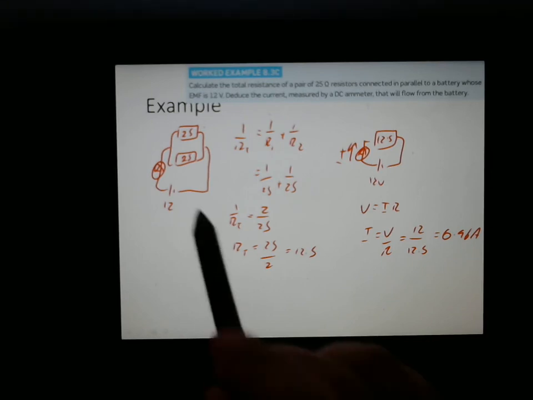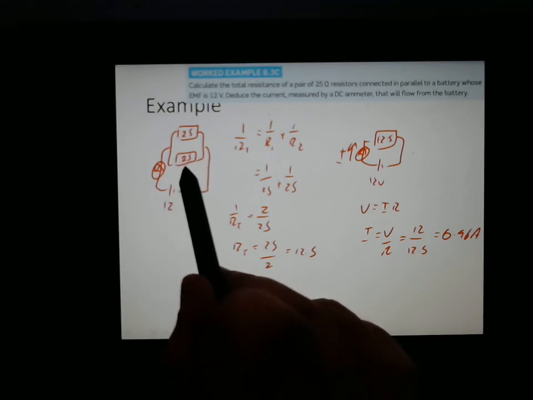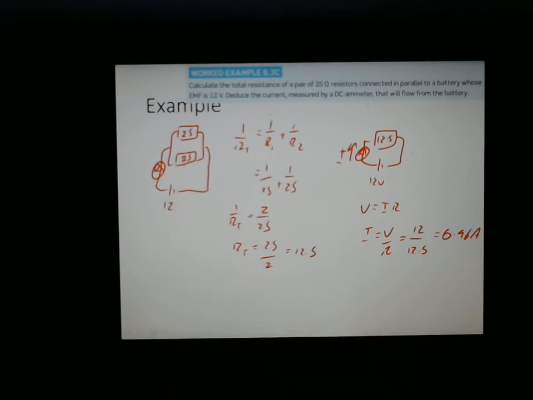So we could have worked out how much is going across one of these, and that would be 12 over 25, which would give us 0.48, and then doubled it to get 0.96. So we could have also done it that way.